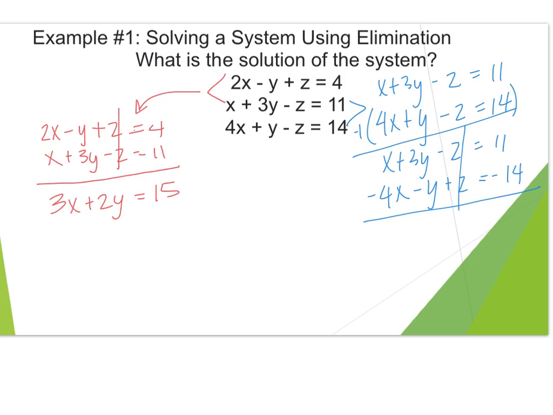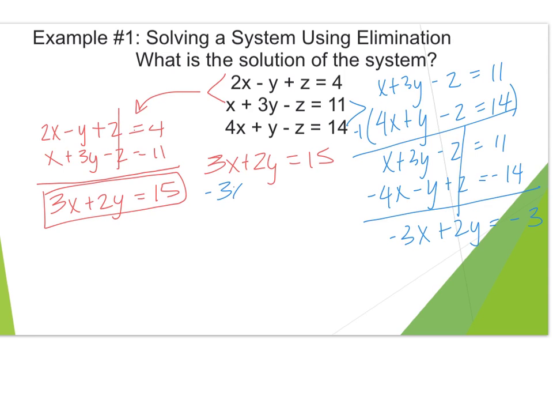Okay, our z's will go away, and I'm left with negative 3x plus 2y equals negative 3. Okay, so now that I've got those two, I'm going to rewrite the two of them in the center. So I have positive 3x plus 2y equals 15. That was the first one. And then I have negative 3x plus 2y equals negative 3.